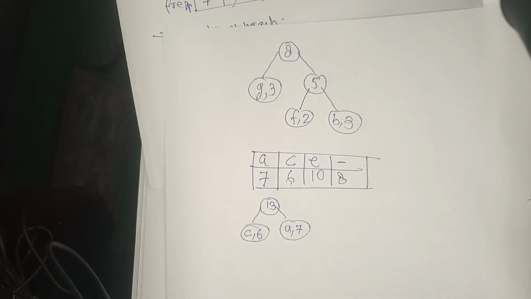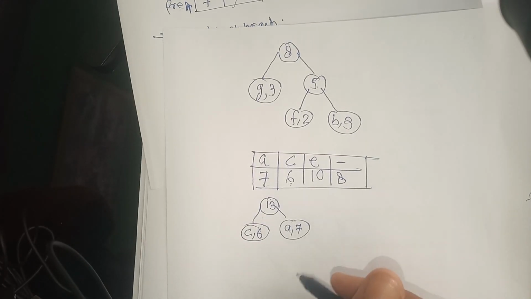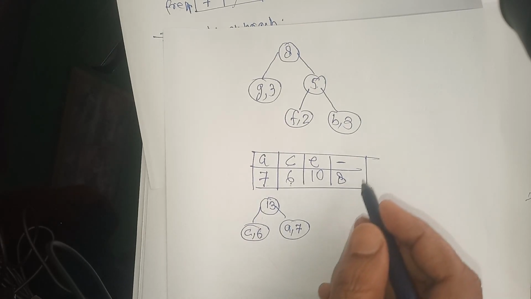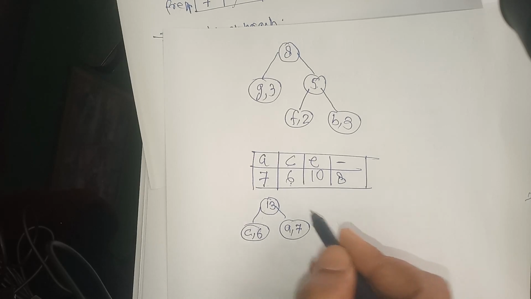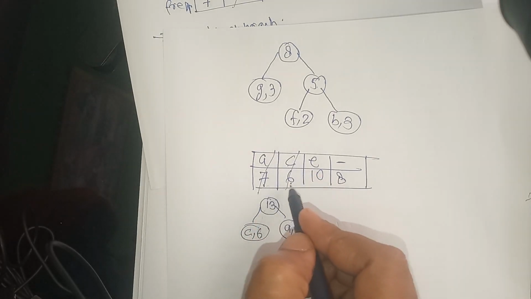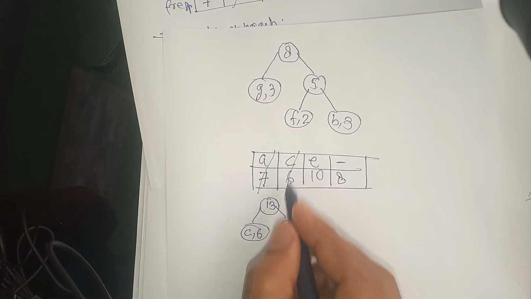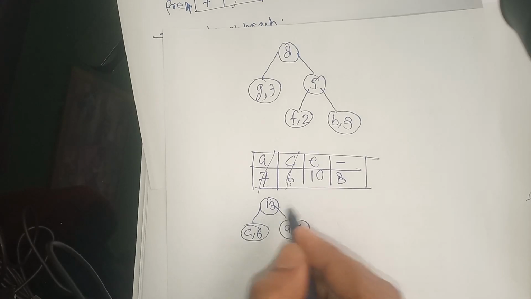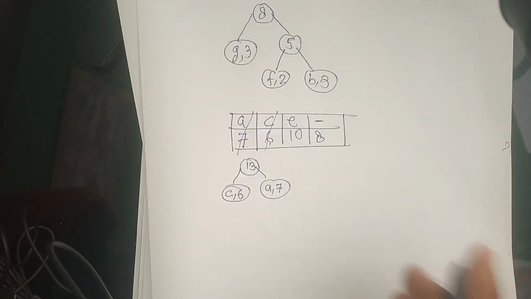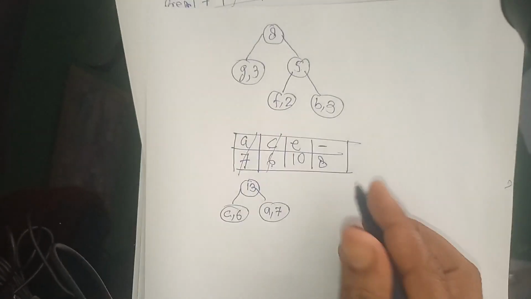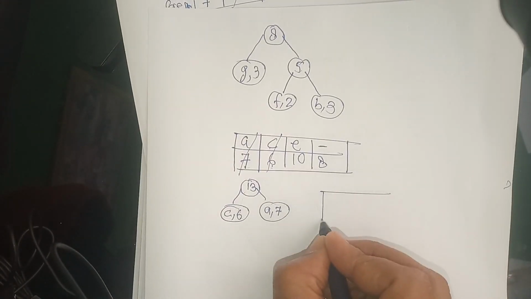Now we have to delete from the table. What we have to delete, we have considered A and C. A and C we have considered now, but at the same time we have included 13 in the table.